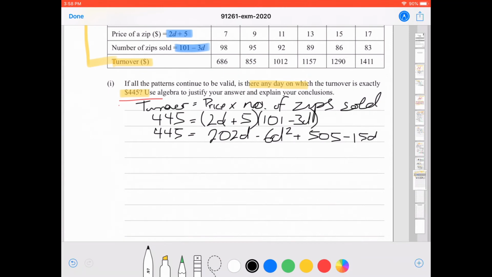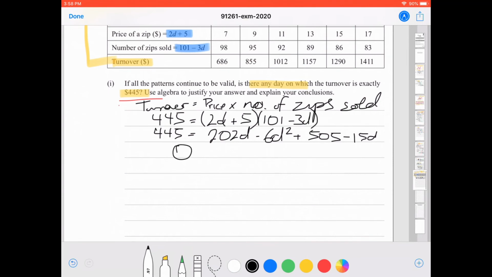Okay, so we can collect like terms and take everything to one side all at the same time. Well, let's take the 445 to the right-hand side. I was thinking about bringing the negative 6D squared to the left-hand side and therefore bringing everything to the left-hand side. But really, it doesn't matter. We can just use our calculator to solve once we've formed our quadratic.